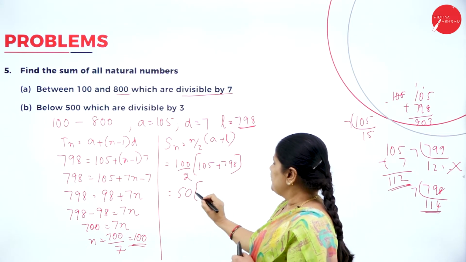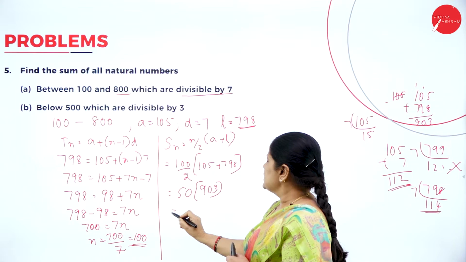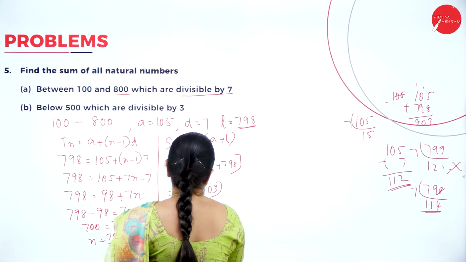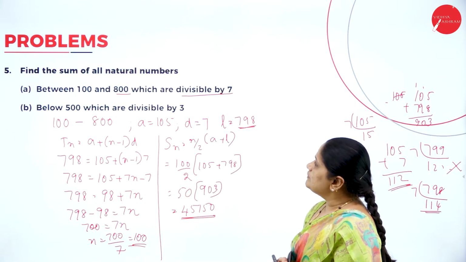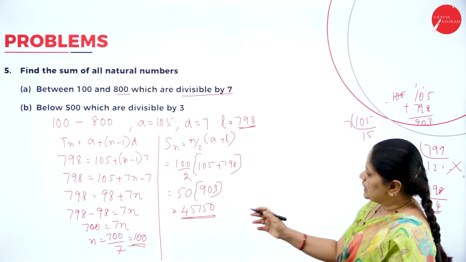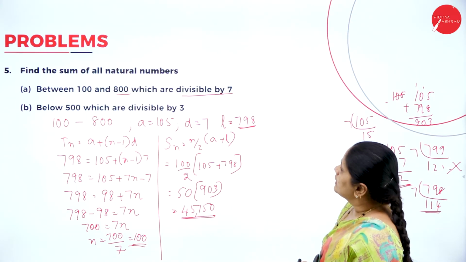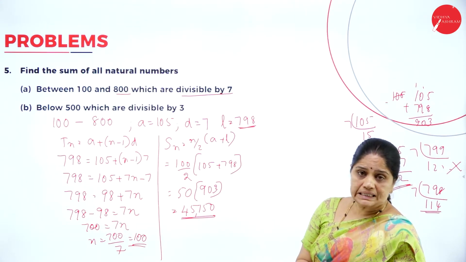So I get 50 into 903, which is 45,150. So between 100 and 800, the numbers divisible by 7 sum to 45,150.